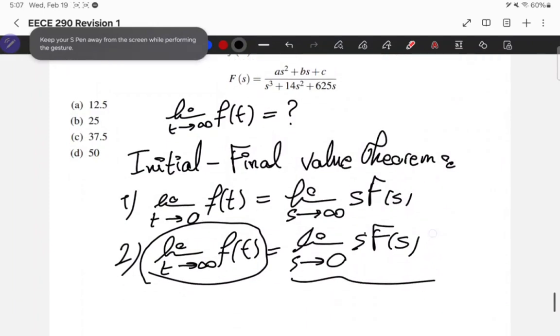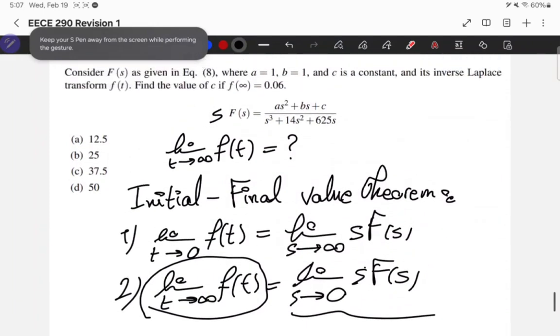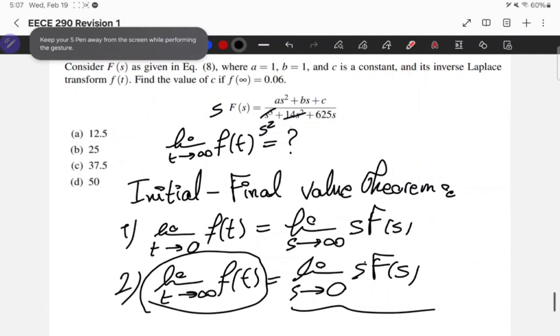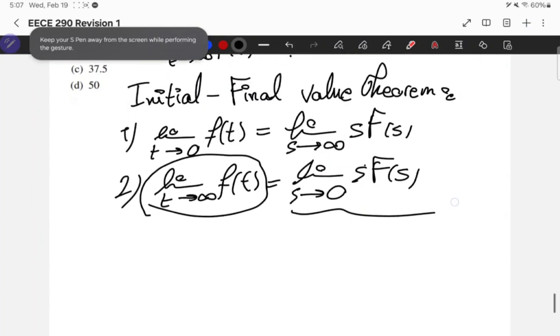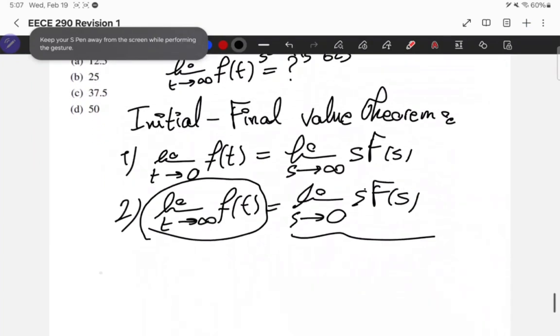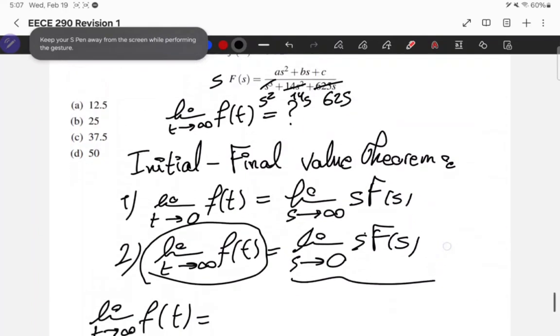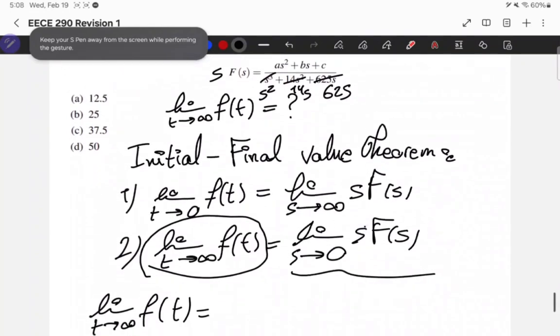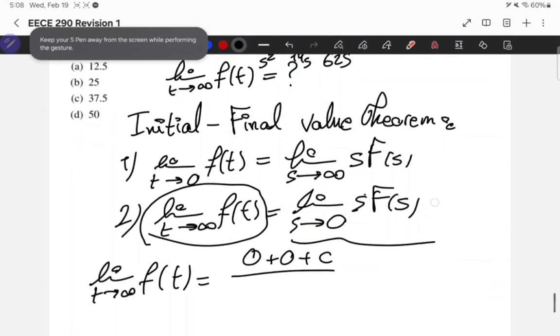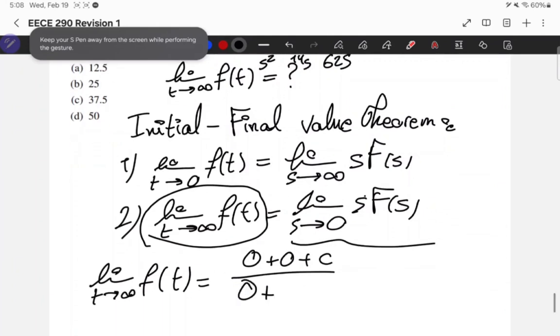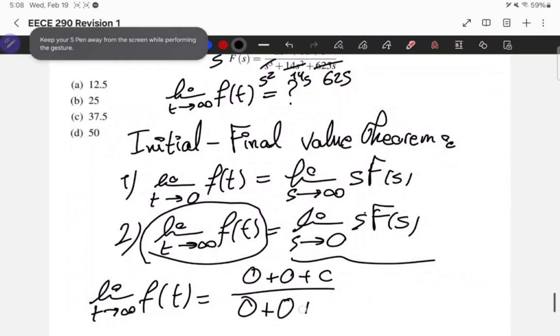So f of s, if I multiply it by s, so s f of s, this will be s squared, this will be 14s, and this will be 625. So the limit as t tends to infinity of f of t equals, now we let s equal 0, so 0 plus 0 plus c over s squared, this is 0 plus 14s, this is 0 plus 625.